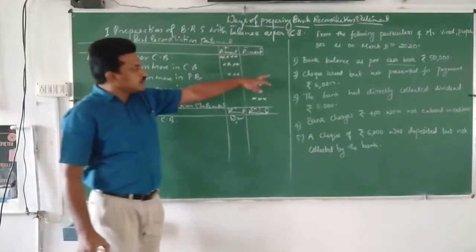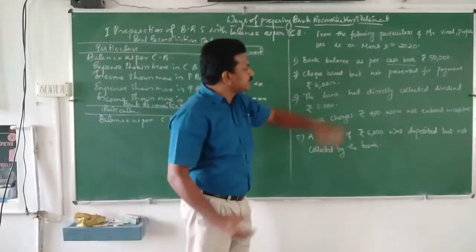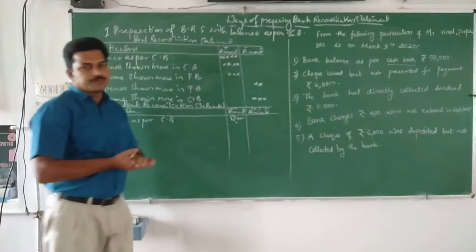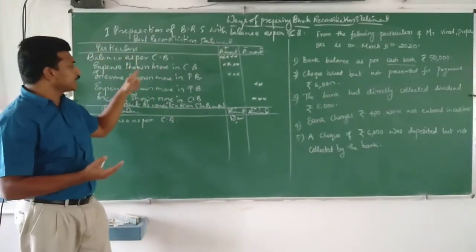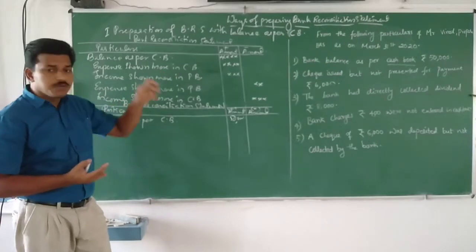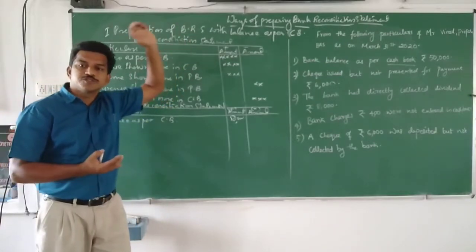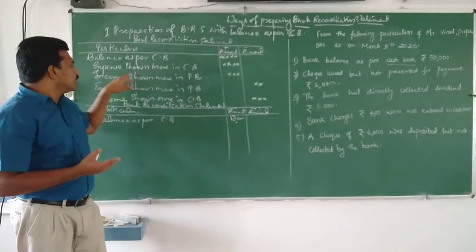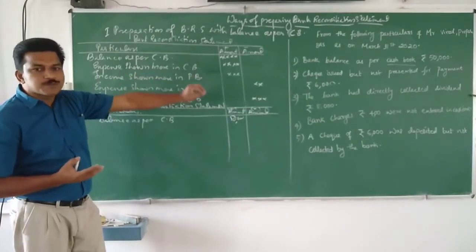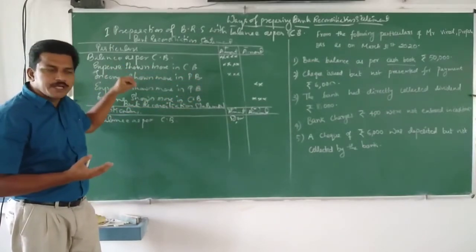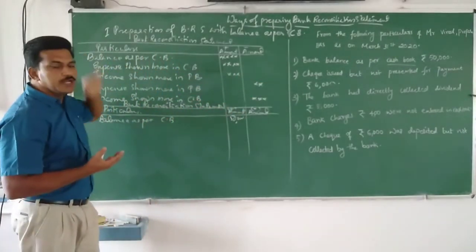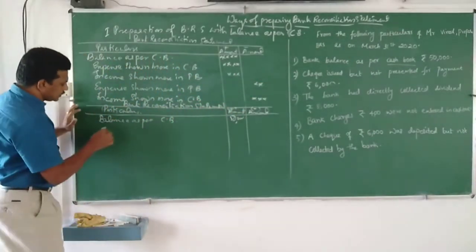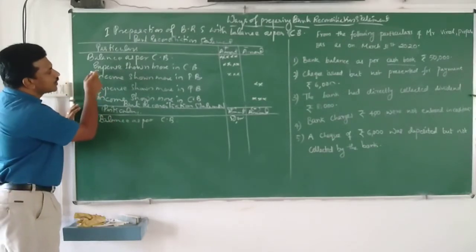Then next, check issued but not presented for payment. Check issued means expense. Expense shown in cash book, but it is not presented, so the expense is not shown in passbook. So 6,000 expense is shown more in cash book. That can be added, but we will not write in the same sentence.